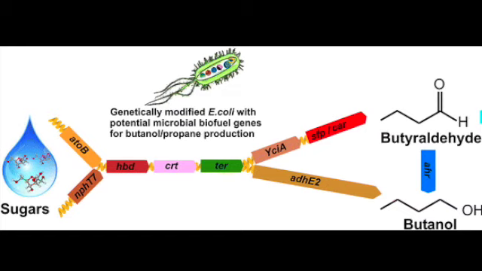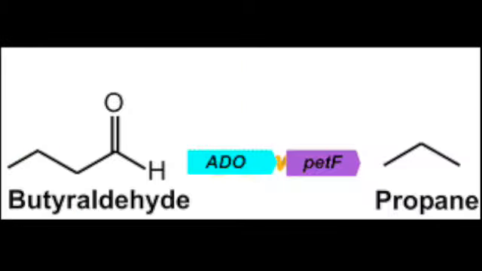Then they used a second bacterial enzyme called CAR to convert butyric acid into butyraldehyde. Finally, they added a recently discovered enzyme called aldehyde deformylating oxygenase, ADO, which is also a naturally created hydrocarbon, in order to form propane from the butyraldehyde.